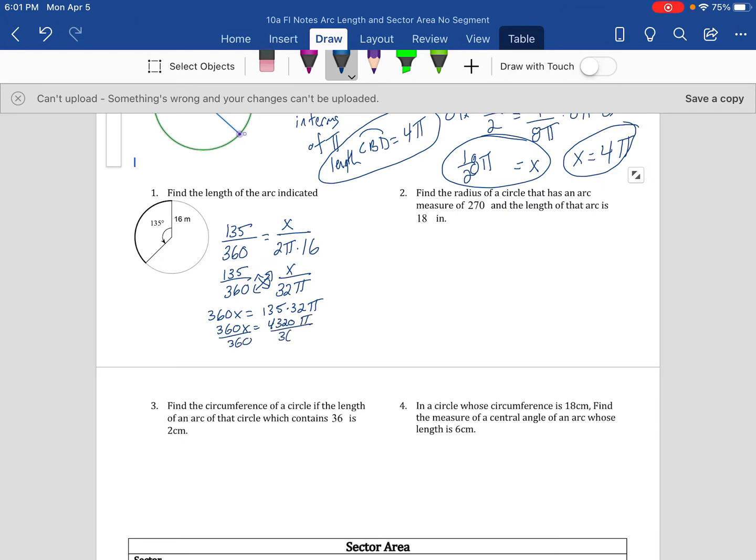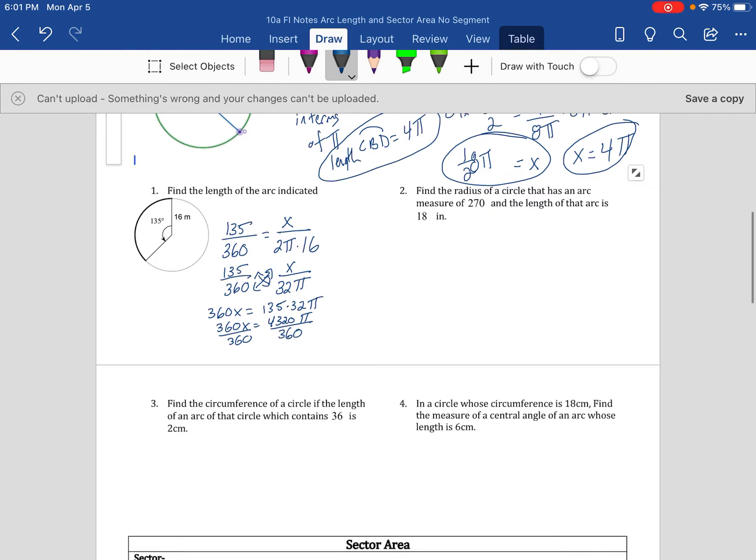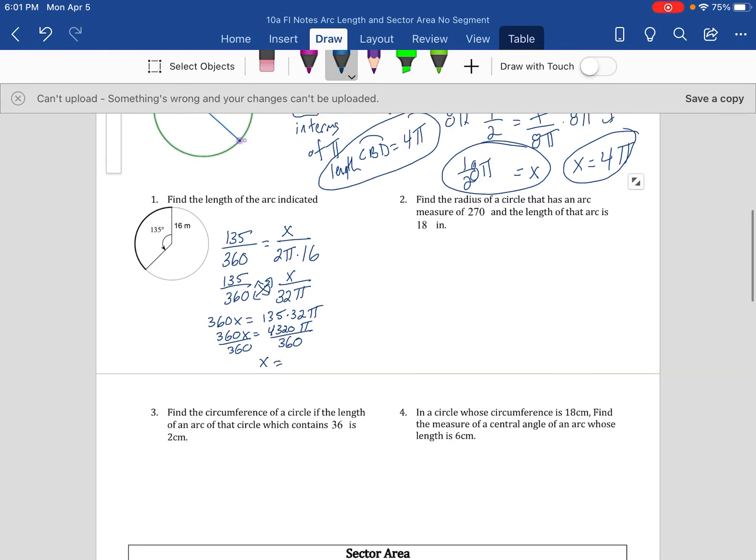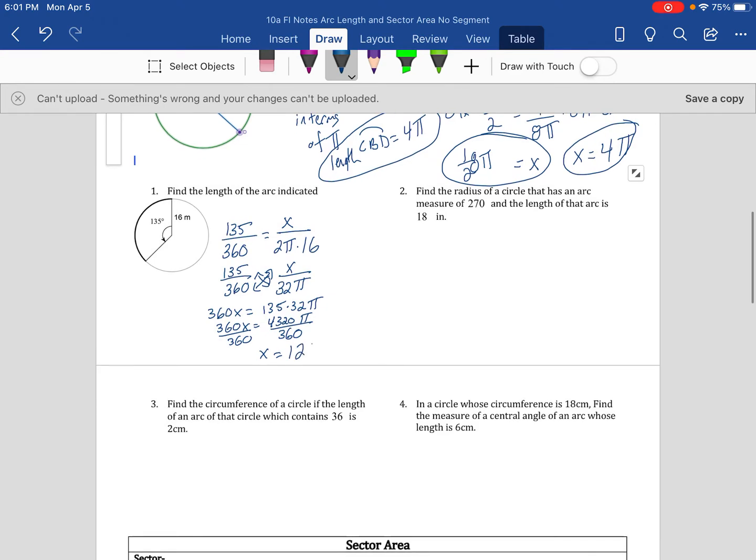I divide by 360. X is equal to, now you just kind of ignore the pi, it's actually going to be 12 pi meters, and don't forget your units.